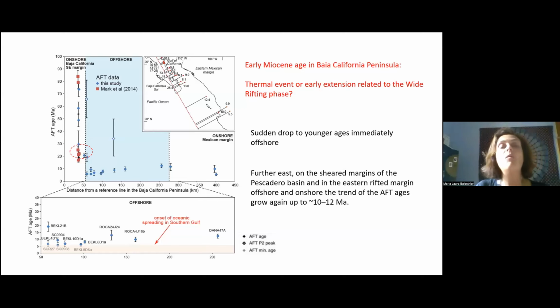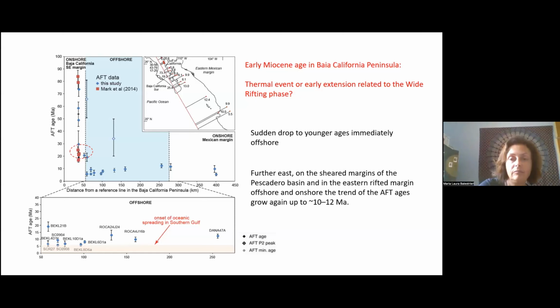But in our interpretation, as we have found ages of this type, this could be a much larger regional thermal process affecting the margin that could be linked to the wide rifting stage envisaged by the third model of the evolution of the rift, or in some cases, it could even be a movement along a fault representing the old basin of the wide rifting stage.